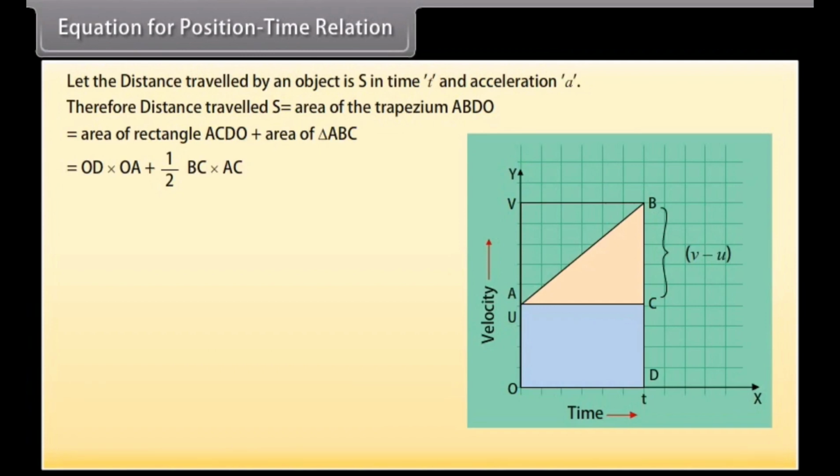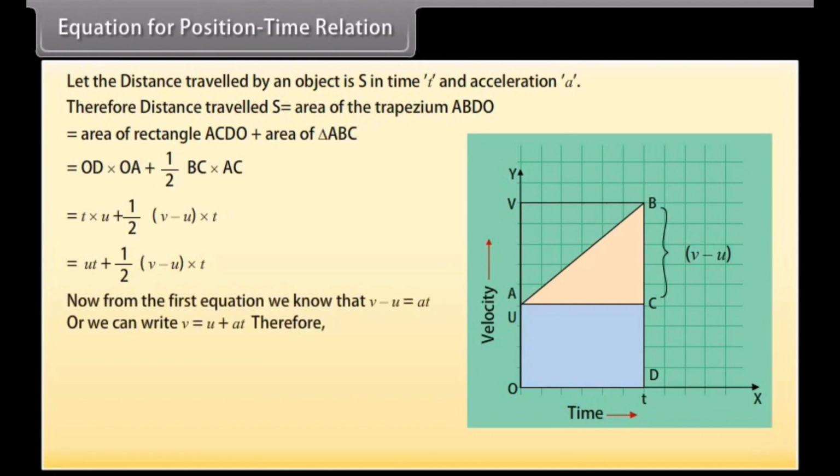Now putting the values, we get t × u + 1/2 (v − u) × t, which gives ut + 1/2 (v − u)t.